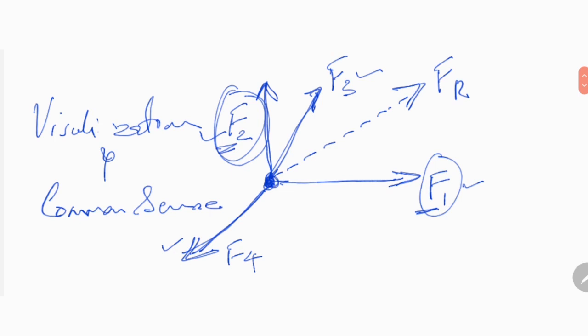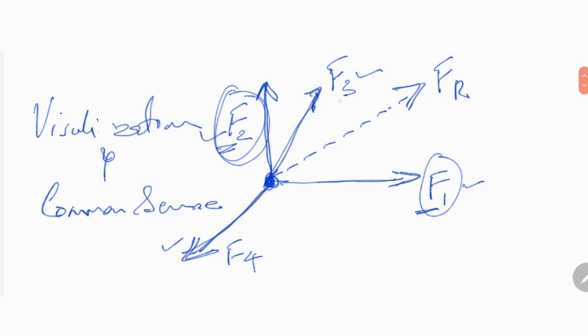Now, generally when we solve problems in physics, we try to simplify things so that we are able to apply a lot of mathematical formulas and procedures to the problem. So suppose I have to work with all these four forces, it becomes very difficult to understand the dynamics, like what is going to happen to the object.